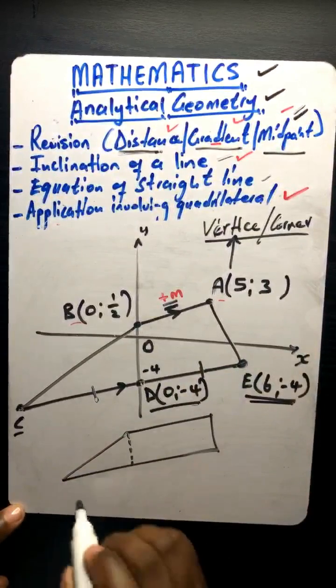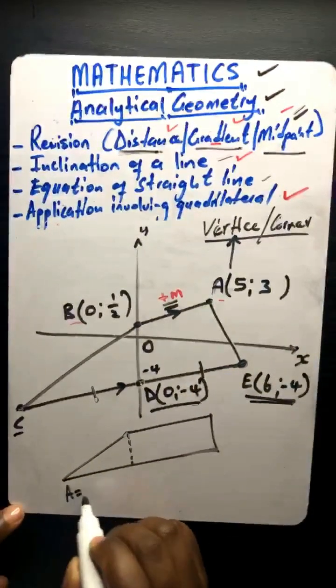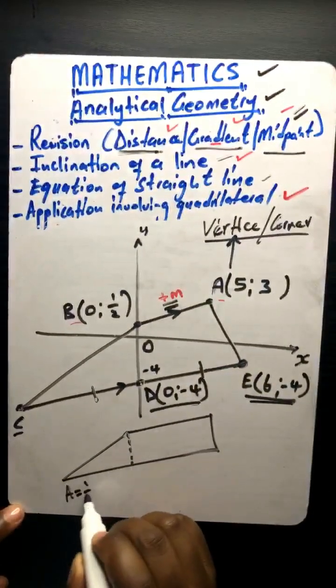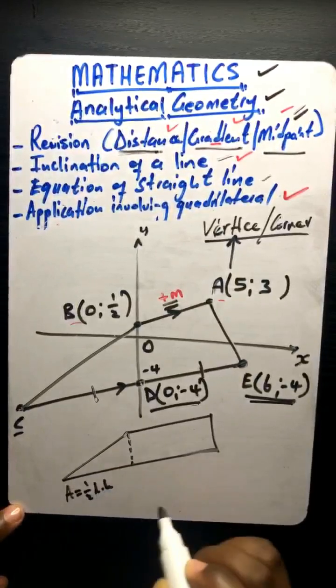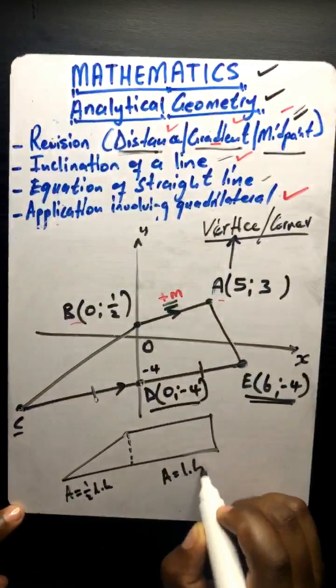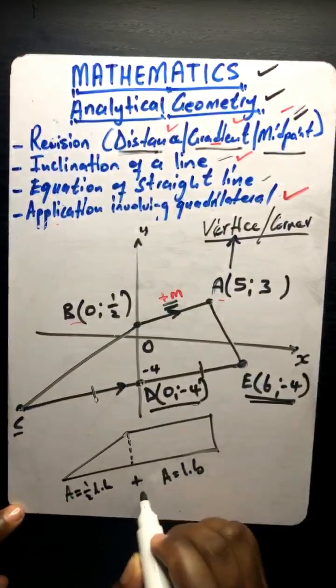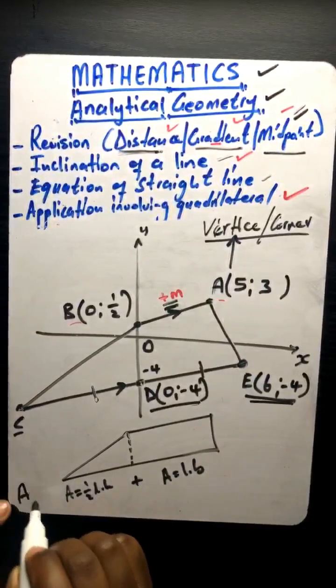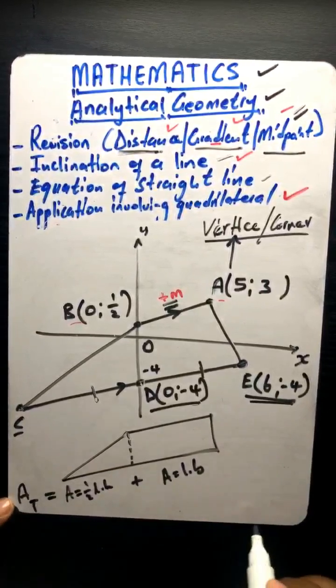So you can use the area for this being half length times height or breadth. So the area for this one being length times breadth. Then you can add the two areas together. That is the area of a trapezium.